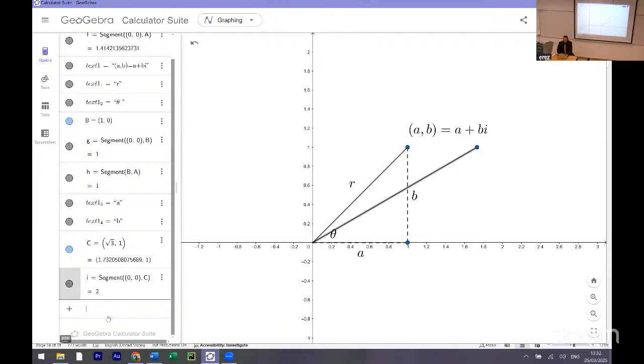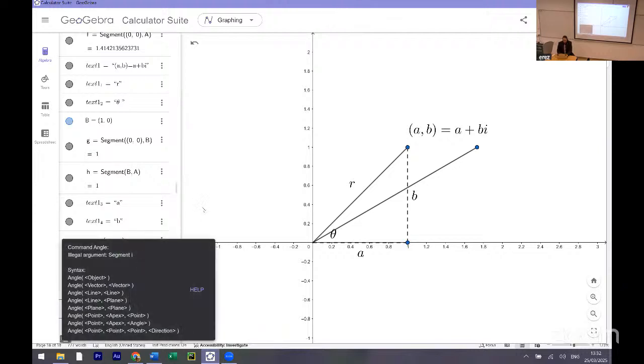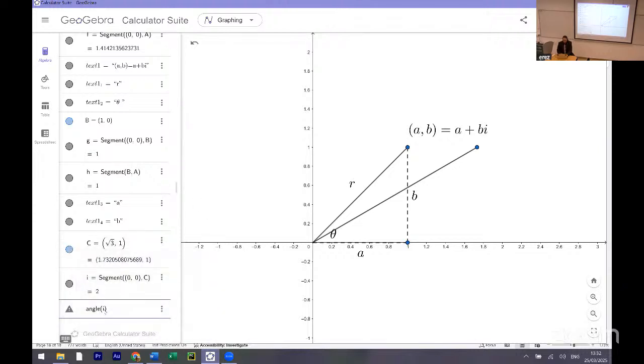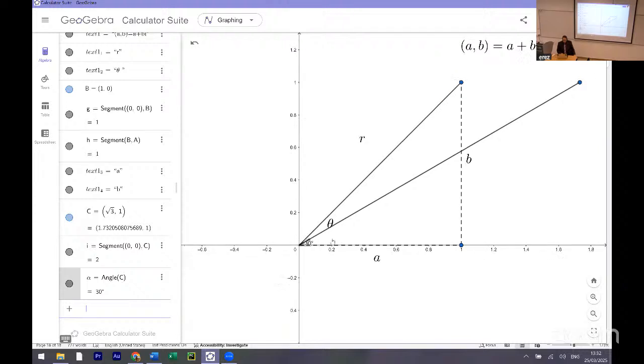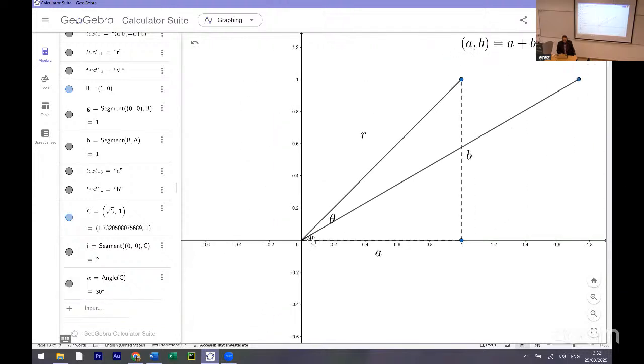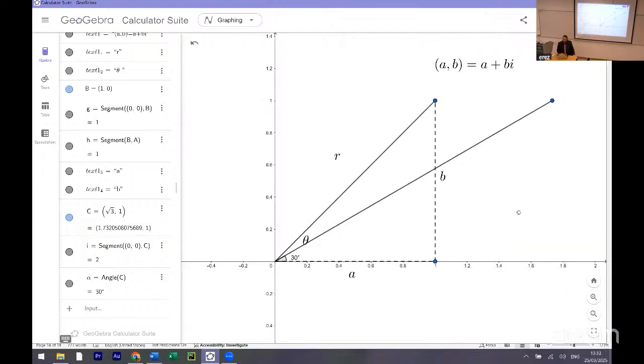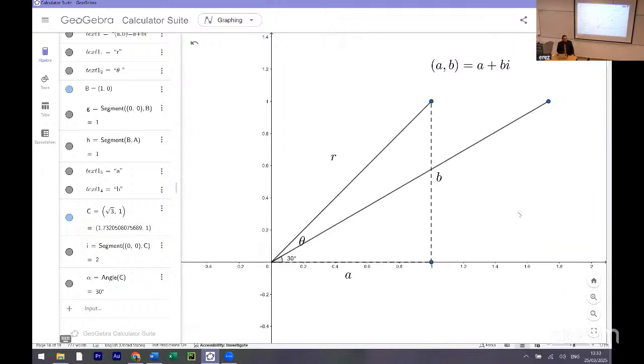And now I will write the angle of the segment. It did not like that. I write angle of C, I think it will, yes. And you see that the angle here is 30 degrees, pi over 6, exactly what we expected to happen.